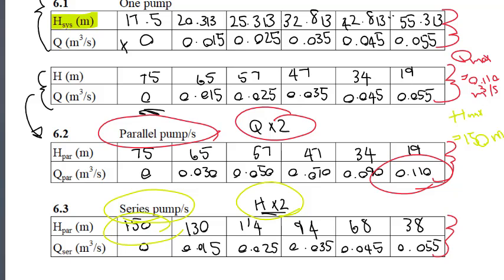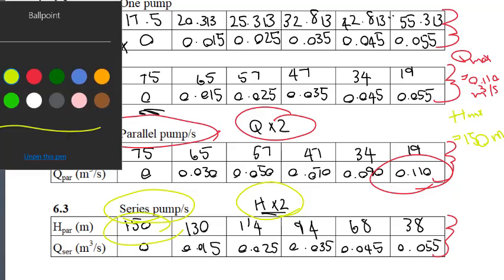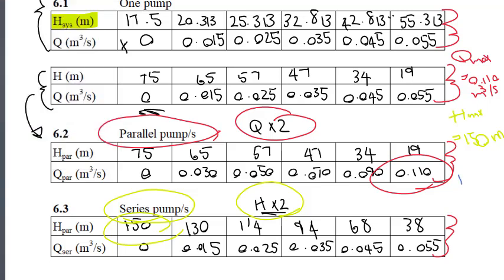And then lastly, we need to also look at the efficiency, because we also need to plot efficiency. So the first one, the Q max, we'll plot on the horizontal axis, and the H max will plot on the vertical axis on the left hand side, and our maximum efficiency, which we can find from the data given. Let's look at that.